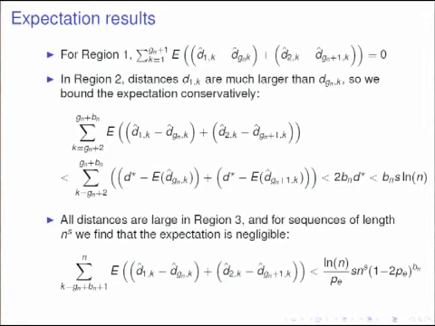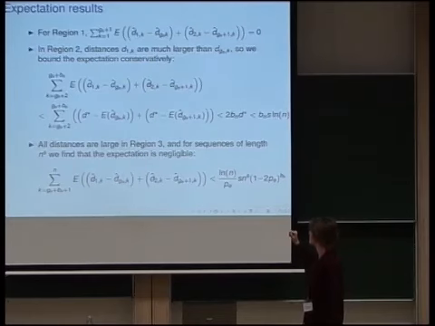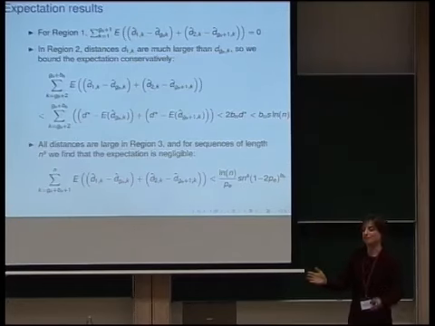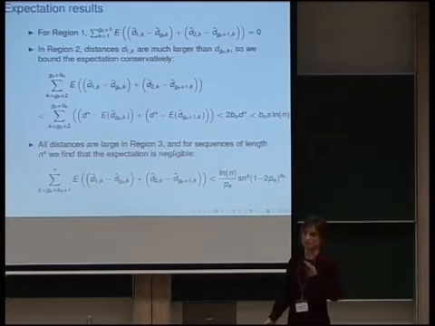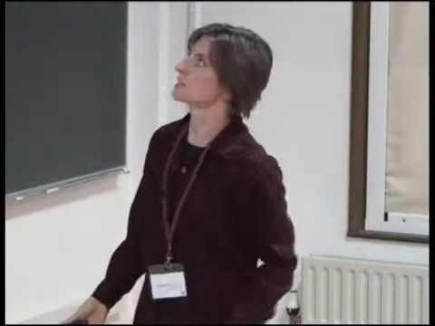So d star was that maximum possible distance for sequences of length n to the s. Bn was our defined length of the region. We have 2 terms. So we're being very, very conservative here. We're saying let's give the expectation the maximum value it could take.